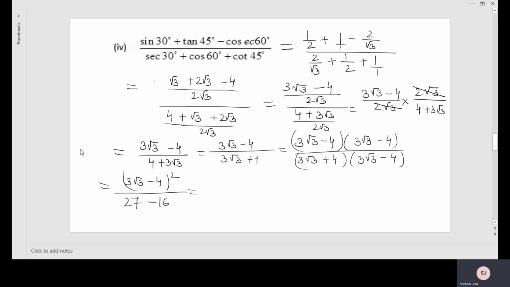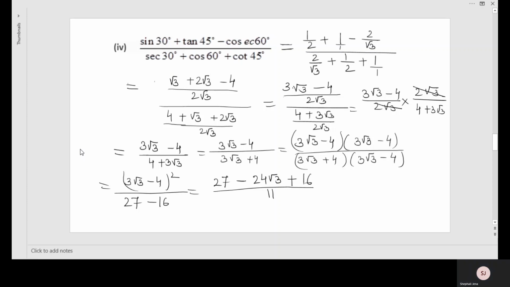The numerator you should expand like a minus b whole square. So it will come 3 root 3 whole square, 27, minus 2ab. 2 3s are 6, 4 6s are 24 root 3. Then plus b square, so plus 16, divided by 27 minus 16, which is 11.